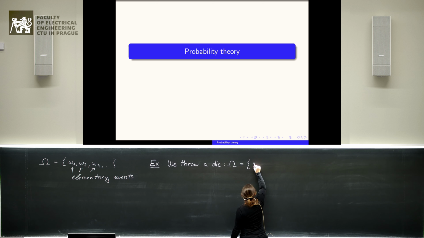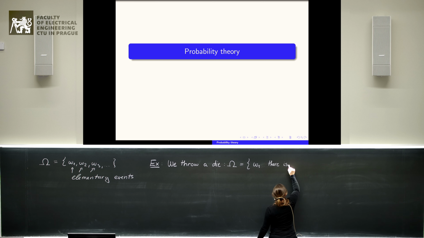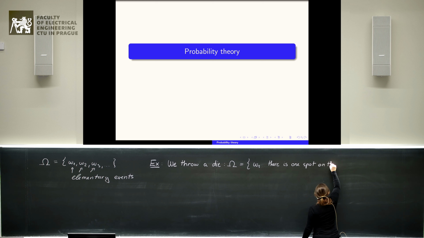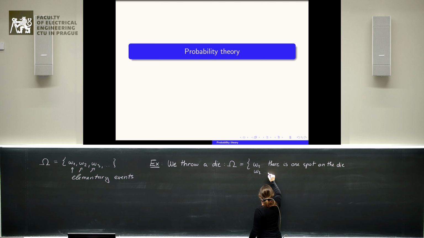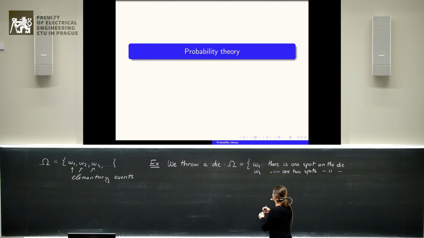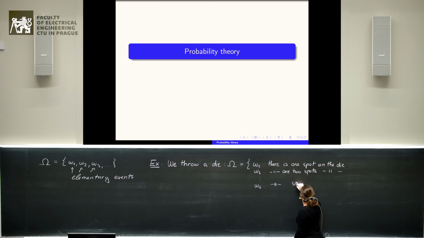The elementary events can be omega 1, there is one spot on the die, omega 2, there are 2 spots on the die, and so on, till omega 6, there are 6 spots on the die.